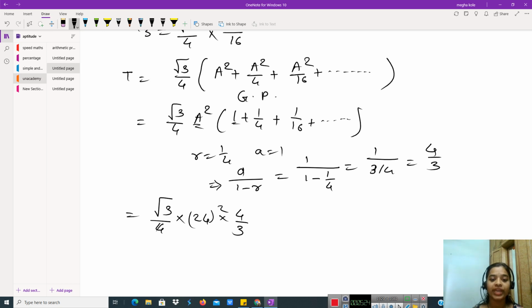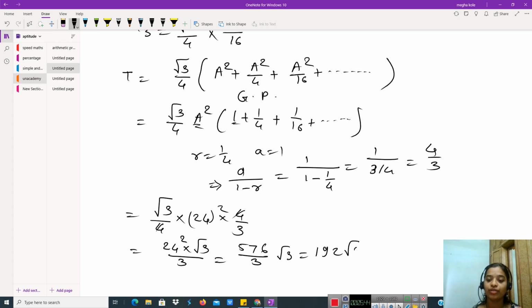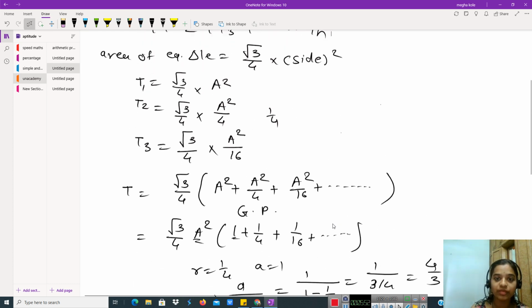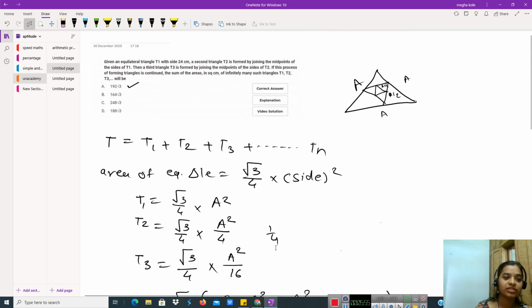Okay, so the 4 gets cancelled and it will be further solved to 24 square into square root of 3 by 3, that is equal to 576 divided by 3, which is equal to 192 square root of 3. So this is your final answer. Let us check the options now. So the option is 1, this is 192 square root of 3.